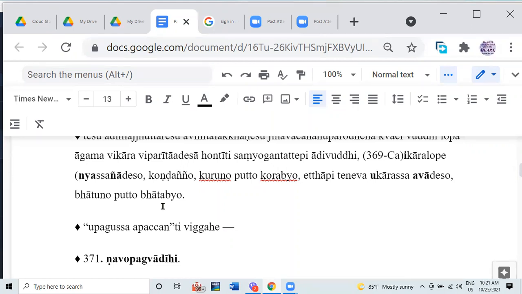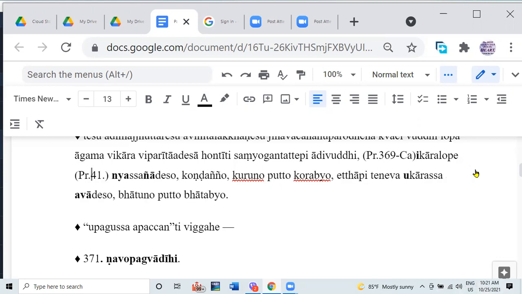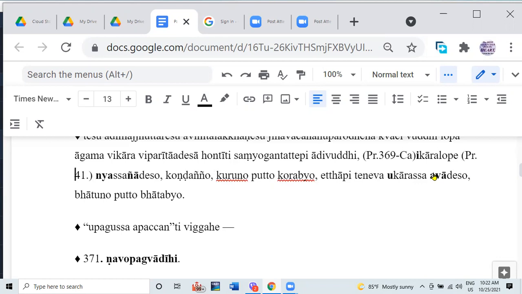This is the 41 sutta in Padarūpasiddhi, it's also the PR number. So Nesa nyade so: nya changes to nya. Other than that we get Kondanya.